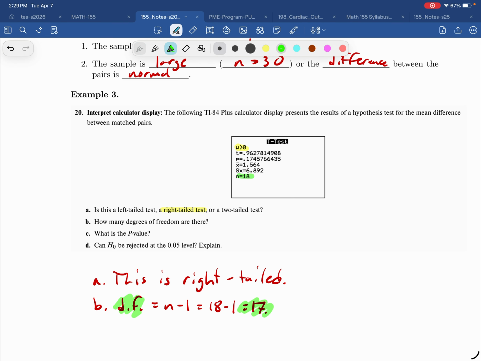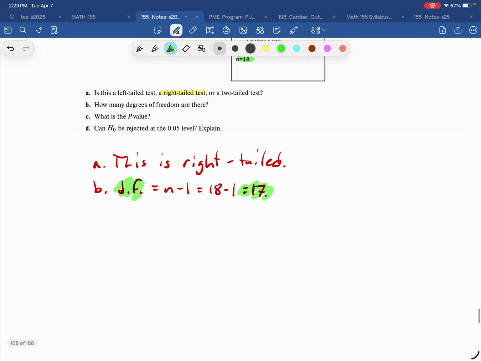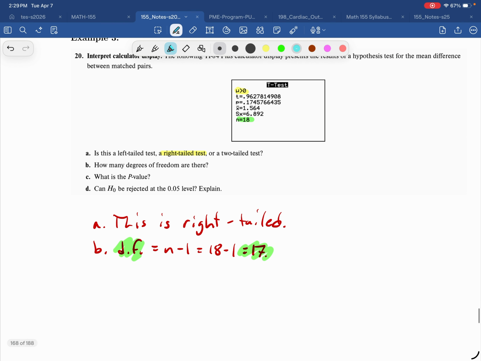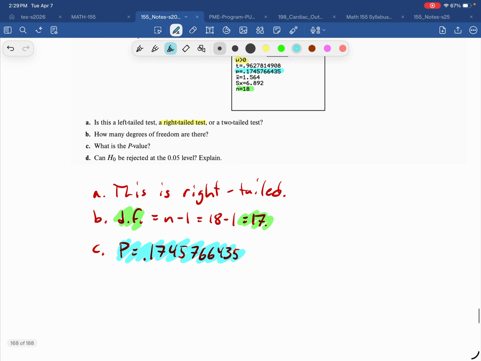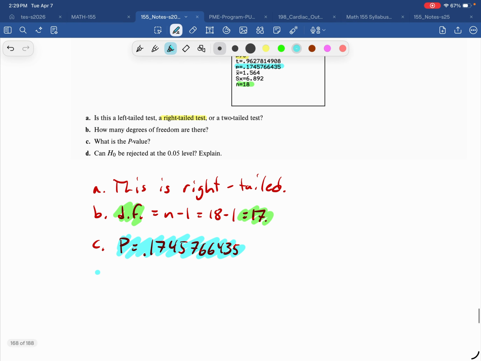What is the p-value? Well, I don't think you can just see the p-value, right? And last but not least, can we reject H naught at the 0.05 significance level?